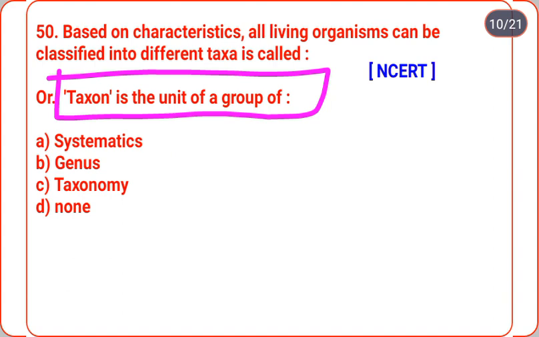Option A, systematics. Option B, genus. Option C, taxonomy. Option D, none. I repeat, taxon is the unit of a group of.